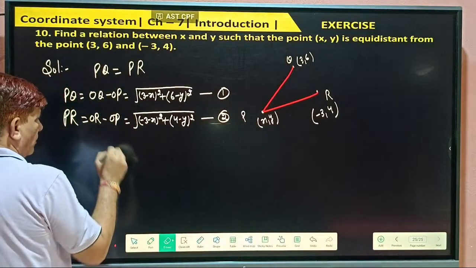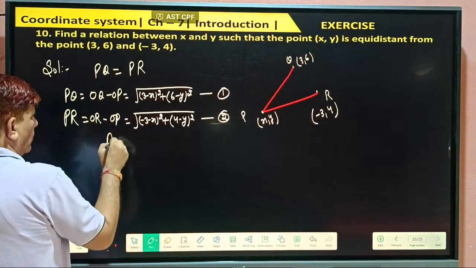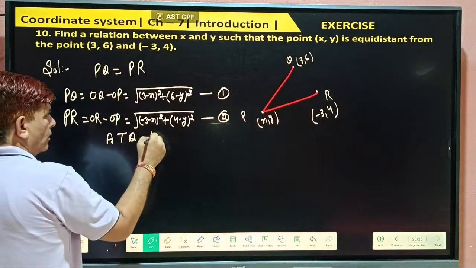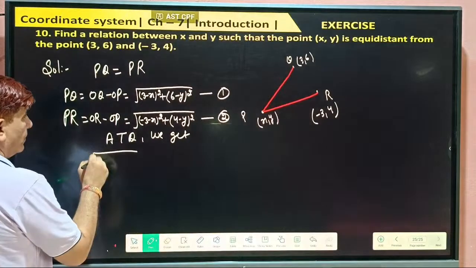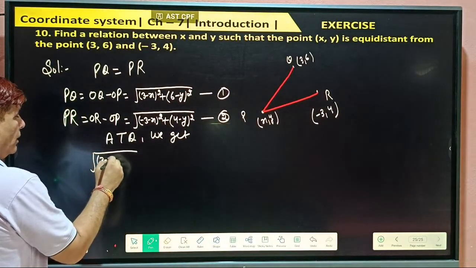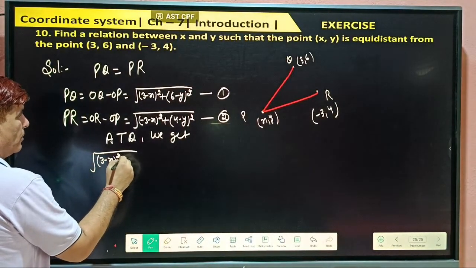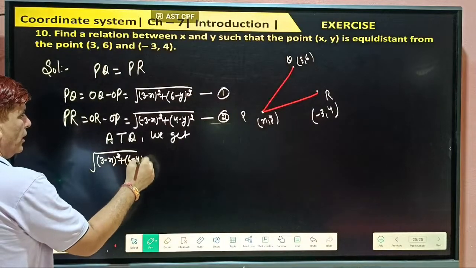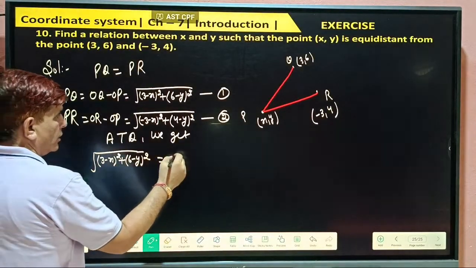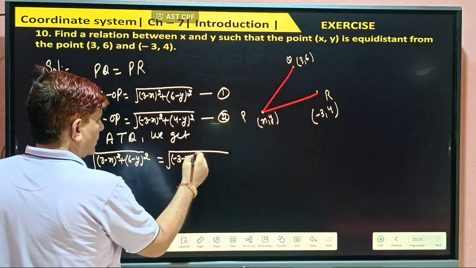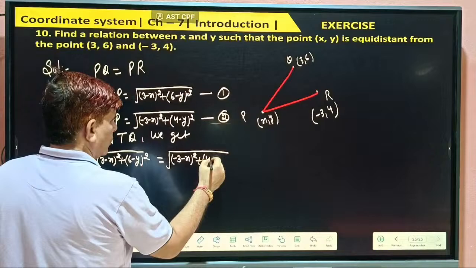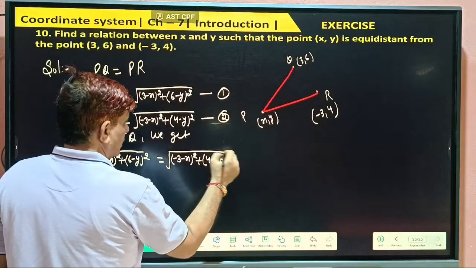According to the question, we get: under root 3 minus X whole square plus 6 minus Y whole square is equal to under root minus 3 minus X whole square plus 4 minus Y whole square.